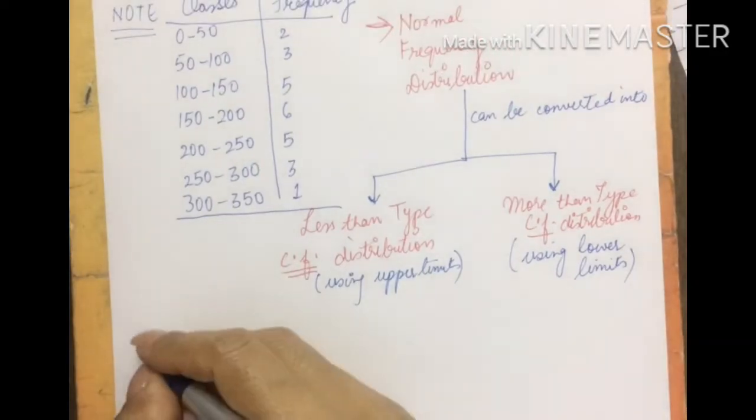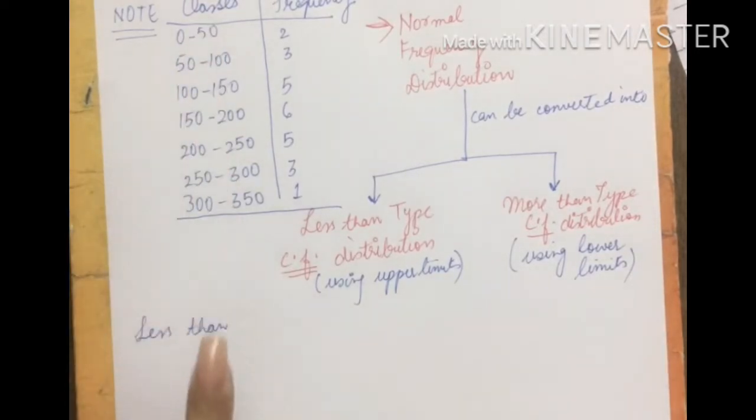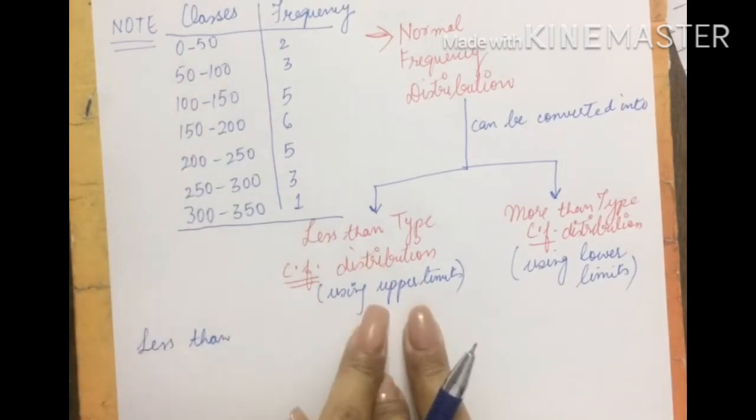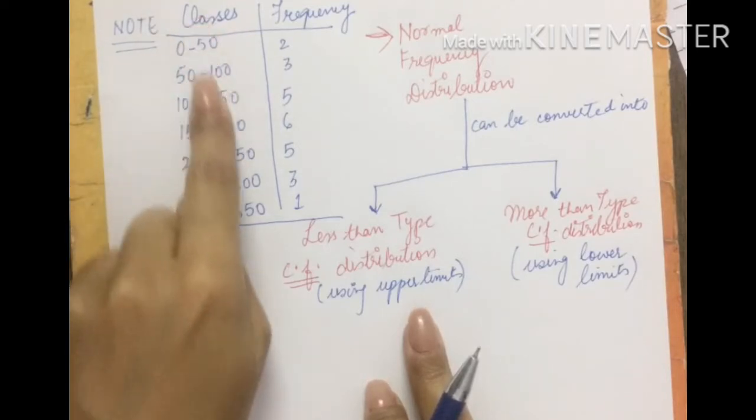So what we want to do is, instead of the classes, the heading becomes less than, and we use upper limits. So less than, ignore your lower limits, just take the upper limits.